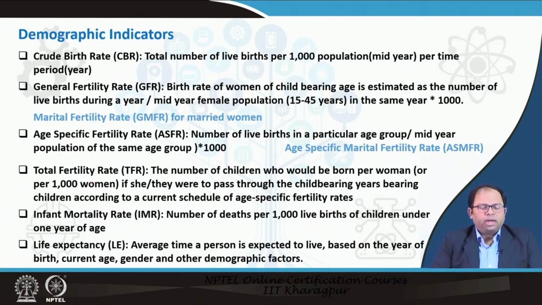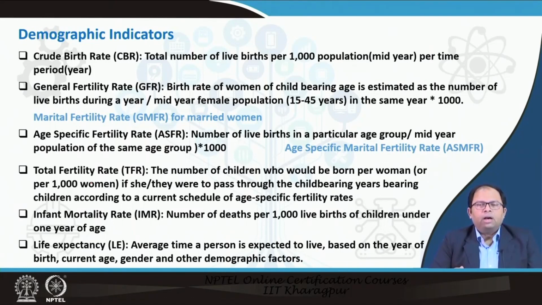And then the total fertility rate, TFR, is defined as the number of children who would be born per woman, or per 1,000 women, if she or they were to pass through the childbearing years, bearing children according to a current schedule of age-specific fertility rates. For different age groups, we have different fertility rates. That means a woman at the age of 15 and a woman at the age of 45 will have different fertility rates.